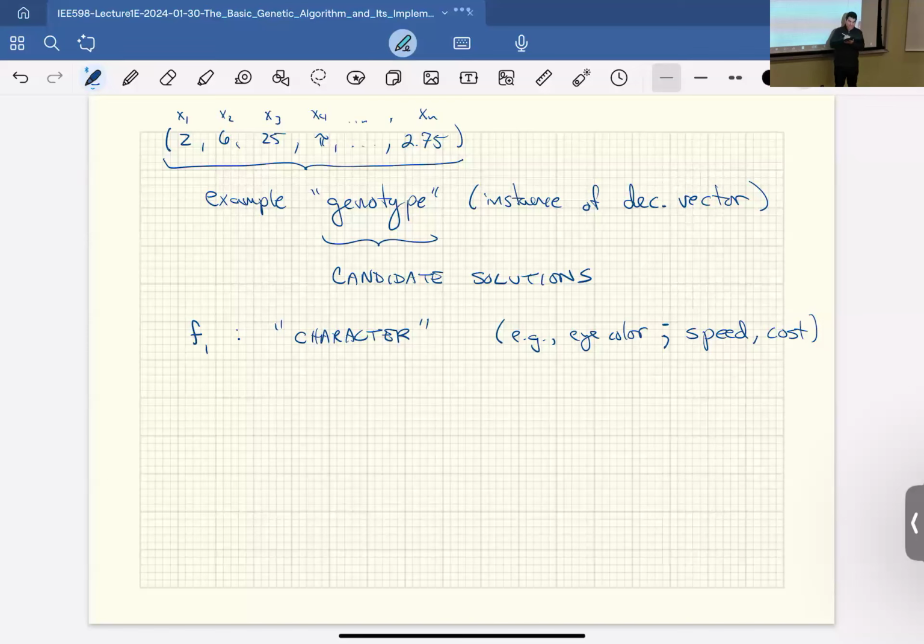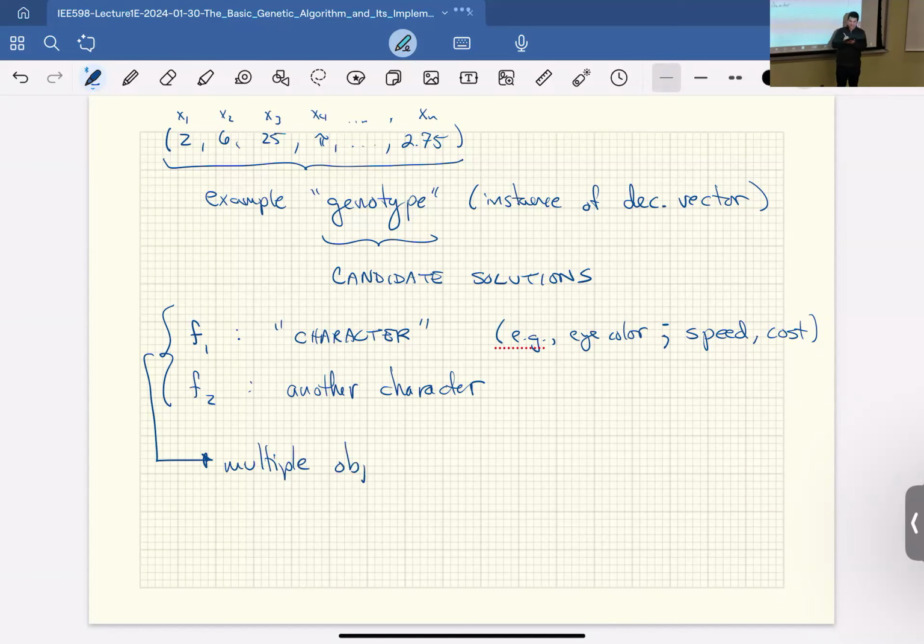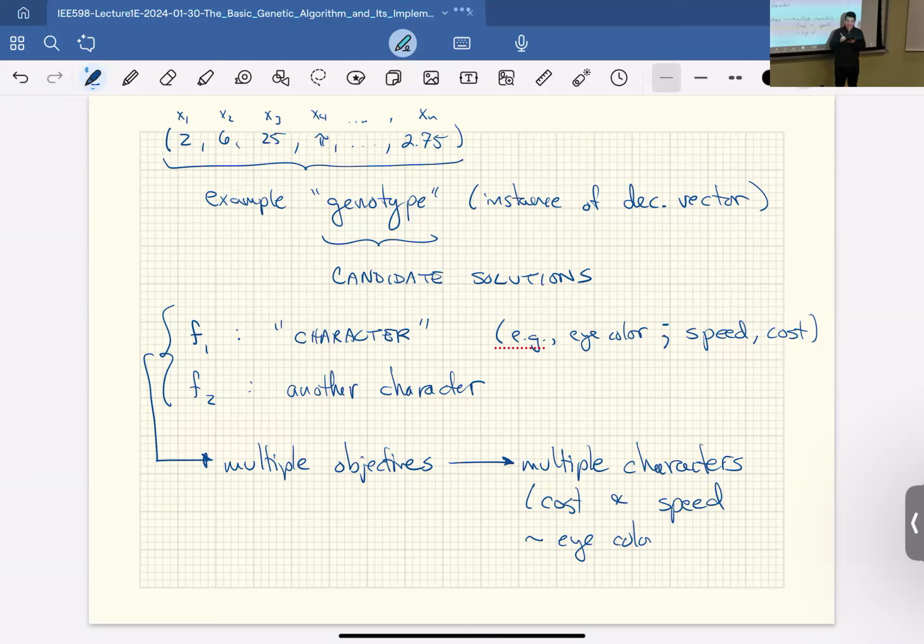I could have F1 as one character, F2 as another character. So if you have multiple objectives, that means you have multiple characters. For example, I might have cost and speed, and those are similar to, say, eye color and height.